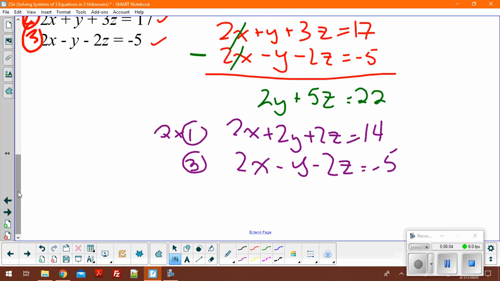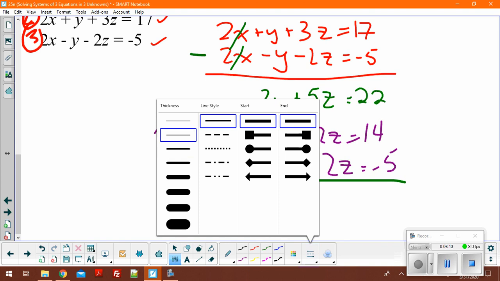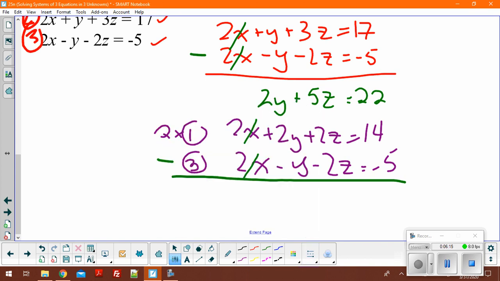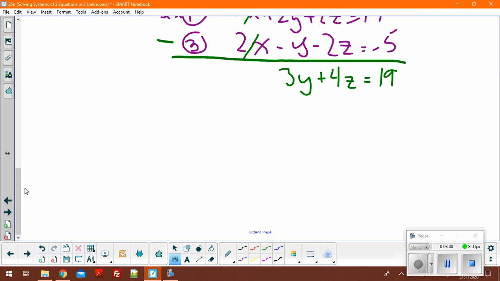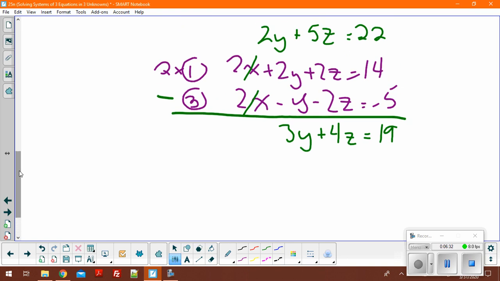Now I am going to subtract those two things, and let's see what we get. My x's cancel out. 2y take away y is 3y. 2z take away negative 2z is positive 4. And I get 19. So now I have two equations that just involve y and z.